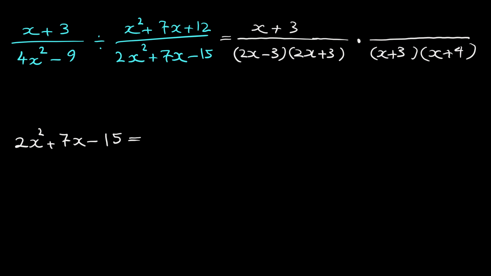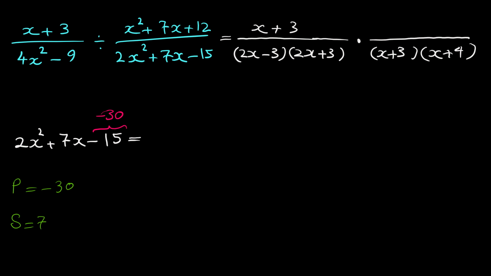For factoring these types of trinomials, we always multiply the leading coefficient by the constant: 2 times negative 15 is negative 30. So we multiply this leading coefficient by this number and we write it here. Now we look for two numbers whose product is negative 30 and whose sum is 7.